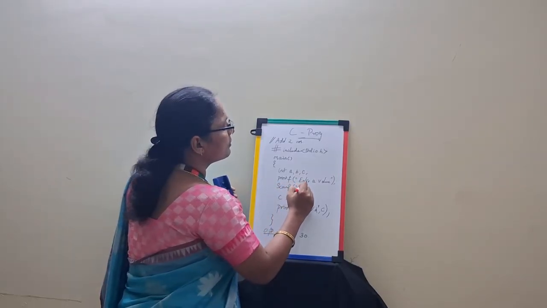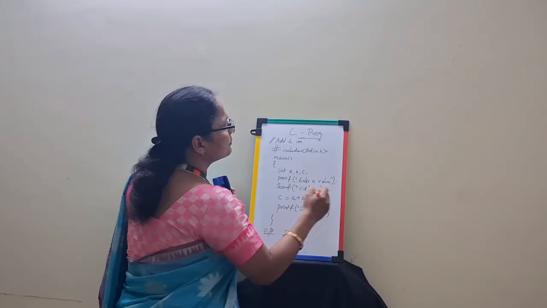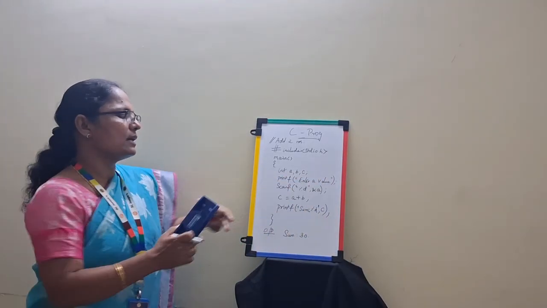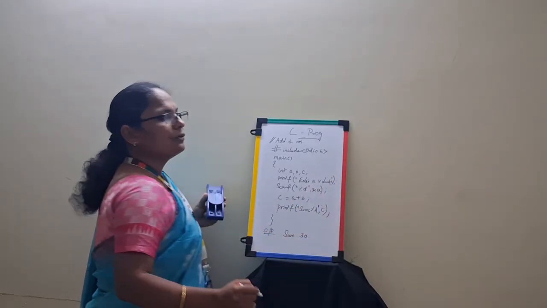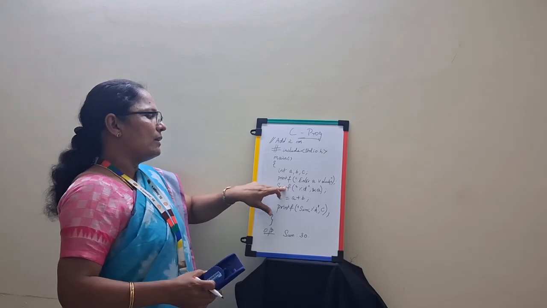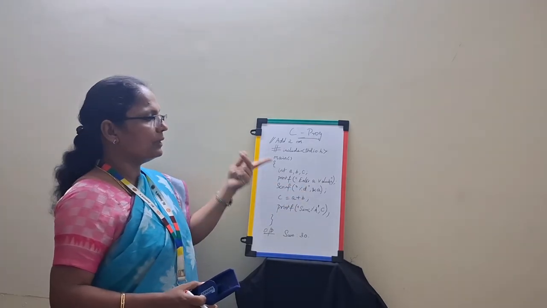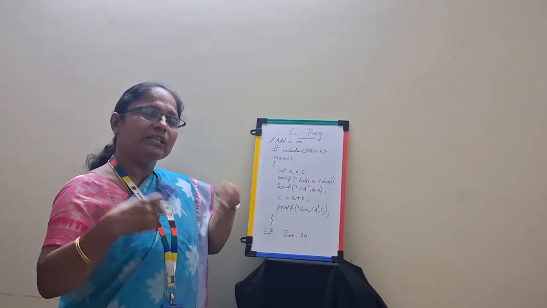Scanf percentage d ampersand a. If I want to give a line space, I can give slash n here. So it will go for a new line, the next value. So when I run the program, automatically a value will be dynamically given by the choice of the user.